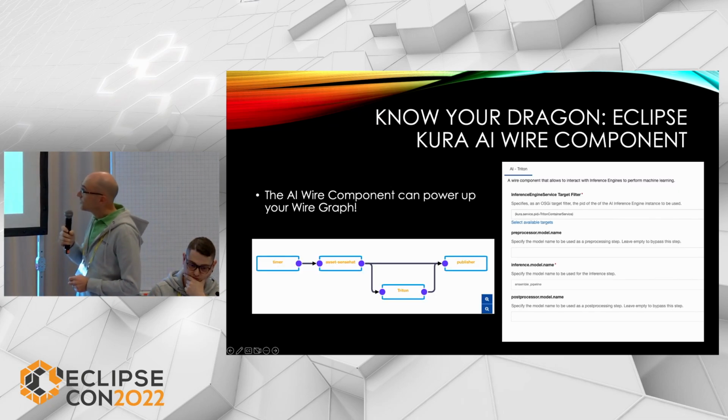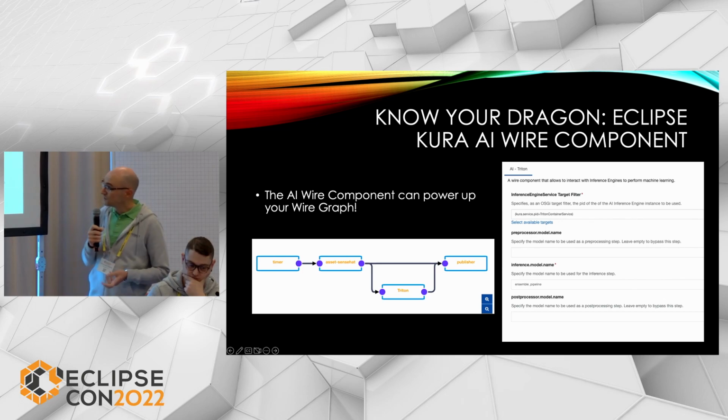Moreover, we also introduced an AI wire component, so we can put our inference model and run the machine learning algorithm directly on a wire graph, simply connecting to the usual wire graph that Kura provides. For this topic, Mattia will give you some more details during the tutorial.